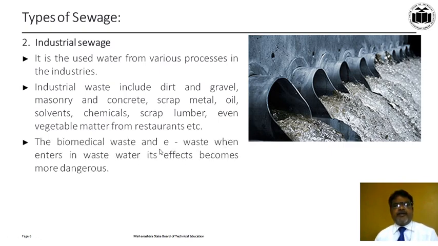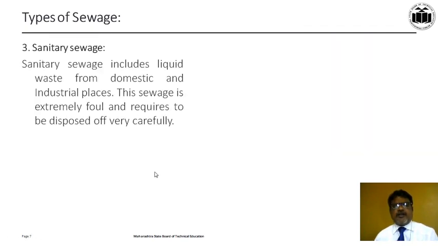The biomedical waste and e-waste, when they enter the wastewater, make its effects more dangerous. The third type of sewage is called sanitary sewage. Sanitary sewage includes liquid waste generated from domestic and industrial processes.